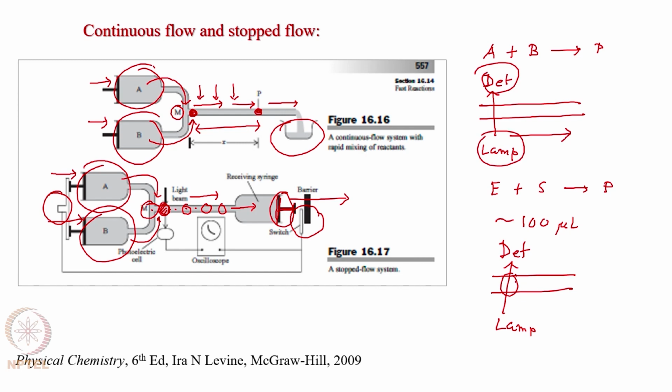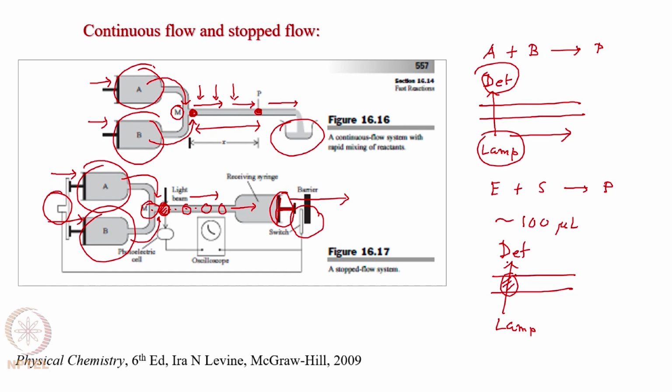Here the flow has stopped, the mixing is completely done after a certain time, as soon as the circuit is off, and automatically in a feedback electronic circuitry the flow is stopped, and then you start your measuring, and you say that I can sit at a particular region in space and keep on detecting over time.